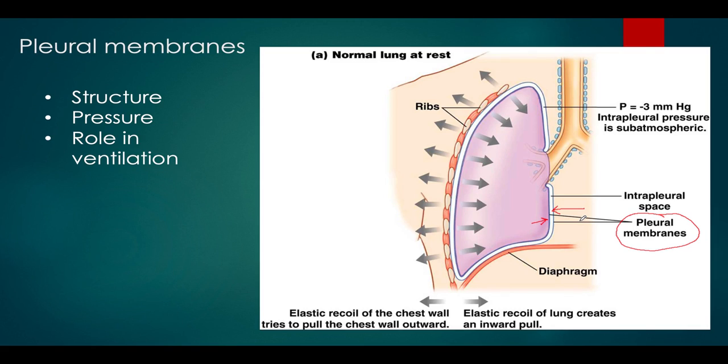And of course, it's really important to keep in mind that there's a fluid layer of pleural fluid between these two. And I think I pointed out previously that that's absolutely critical to maintaining the surface tension between the outer layer of the lung and the inside of the pleural cavity.